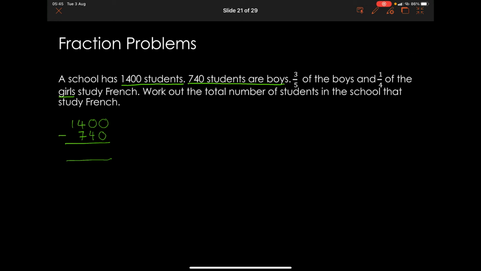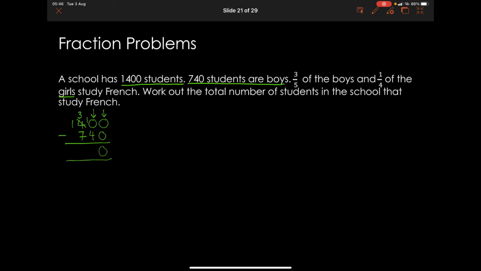So remember, when we're subtracting, we're going to start at this end. 0 take away 0 is 0. Then here we've got 0 take away 4. Well, we can't do 0 take away 4. So we're going to take 1 from this 4 here. We're going to turn that into a 3. We're going to take a 10. And we're going to add the 10 to that 0.